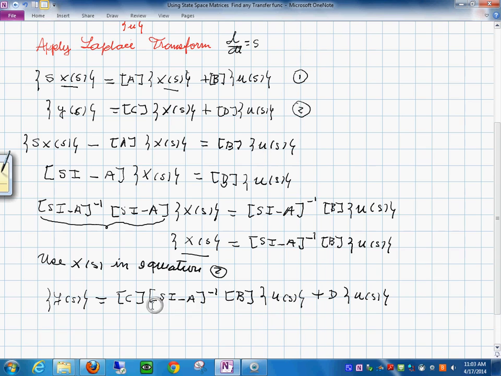But you see, now we can factor this on the right hand side. Y of s like this is going to be equal to matrix C times sI minus A inverse times matrix B plus D. And this whole thing would be multiplied by U of s, like that.